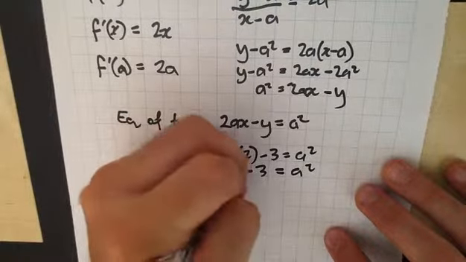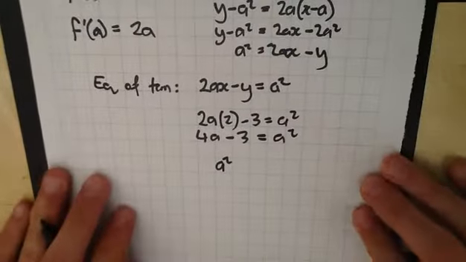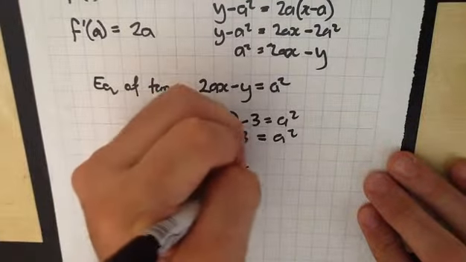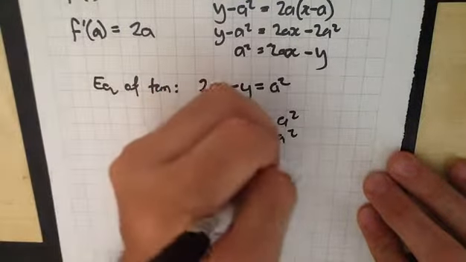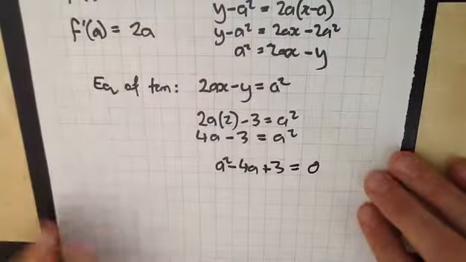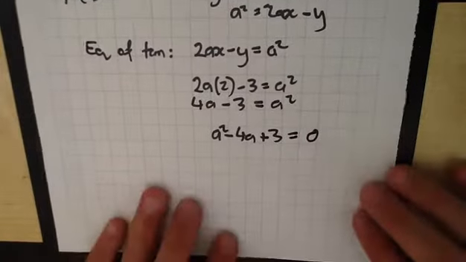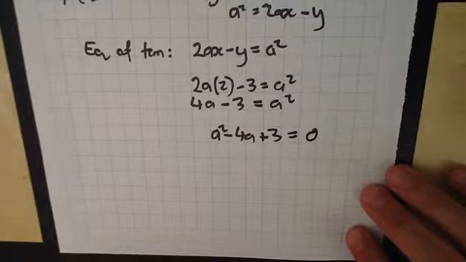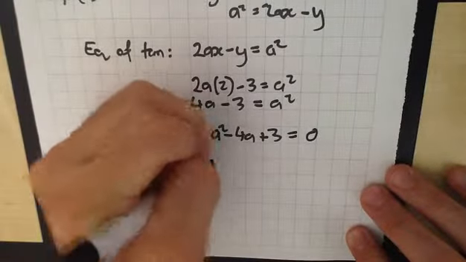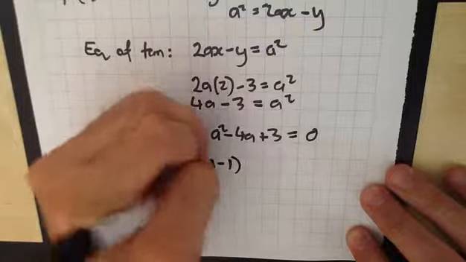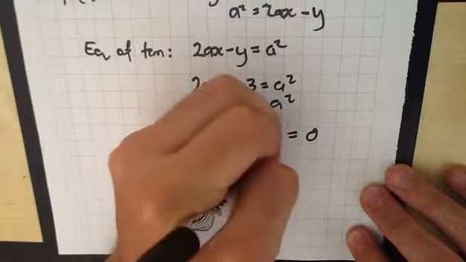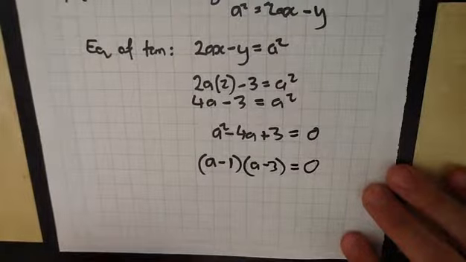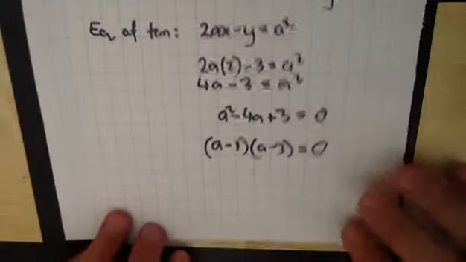So a squared take 4a plus 3 is equal to 0. Here's a quadratic that I can solve. Factors of c that add to b: that'd be -1, -3. So (a take 1)(a take 3) is equal to 0. So a is either 1 or 3.